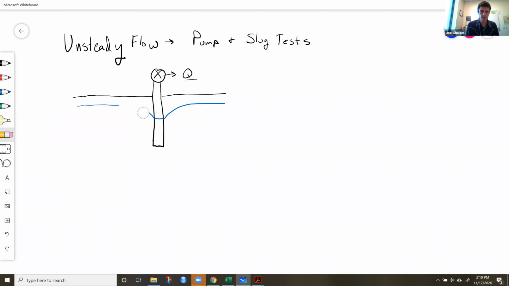And so when we have a well and we start pumping, maybe the groundwater is level initially, it's going to start to go down over time. And we kind of develop this cone of depression.